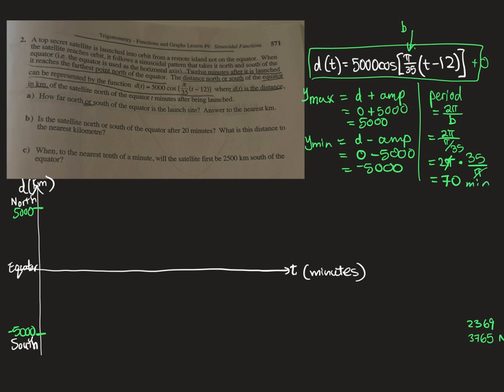So if you wanted to see one cycle, then we could just go 70 as our x max. If you wanted to see more than one, like 2 cycles, you'd make that 140, 70 times 2. So let's go 140 just so we can see 2 cycles. And then let's graph that.